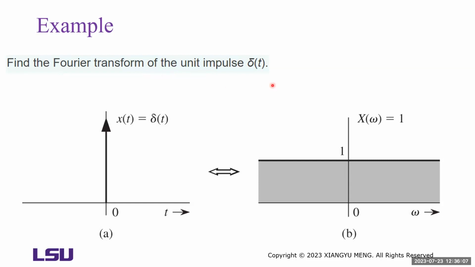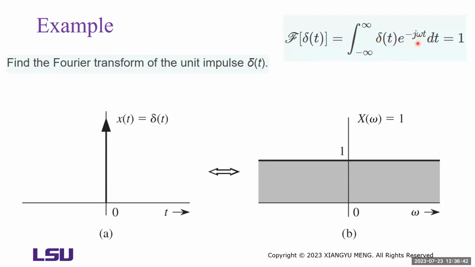Based on the definition, the Fourier transform of delta t is the integration from negative infinity to positive infinity of delta t times exponential negative j omega t. We know the property of the unit impulse function: it has a value only when t is 0. When t is not 0, the function value is 0.